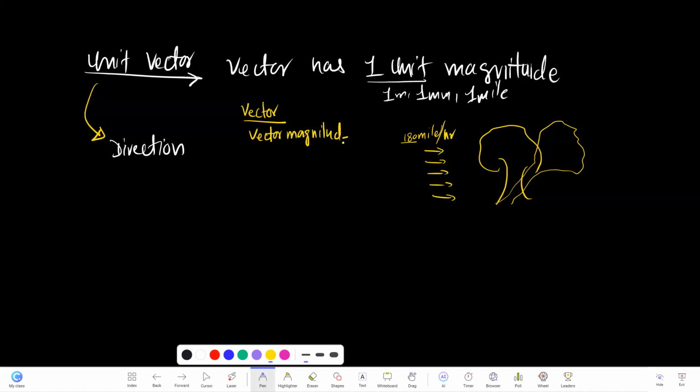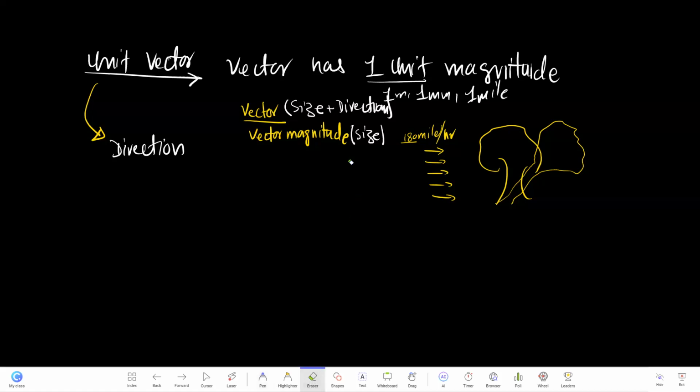It's a very important concept. When I say magnitude, look into that. Magnitude means just the size. Vector means size plus direction. It's not really a mathematical or arithmetic plus; it's basically size and direction.